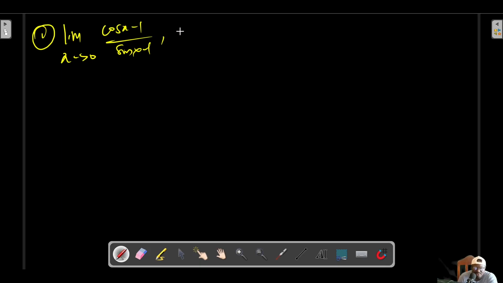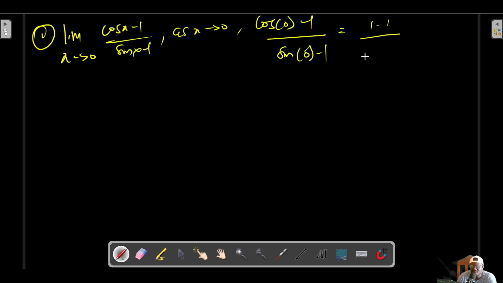As x is approaching 0, our expression becomes cos 0 minus 1 over sin 0 minus 1. Cos 0 is 1, 1 minus 1. Sin 0 is 0. So we end up with 0. So our answer for this limit is 0.